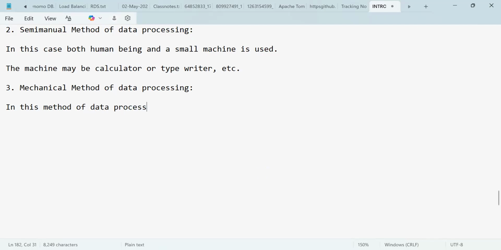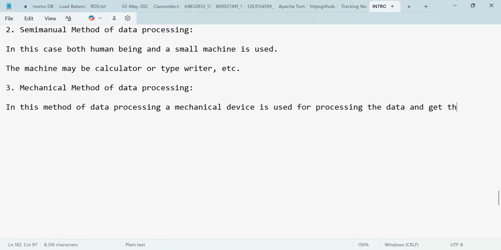In this method of data processing, a mechanical device is used for processing the data and getting useful information.